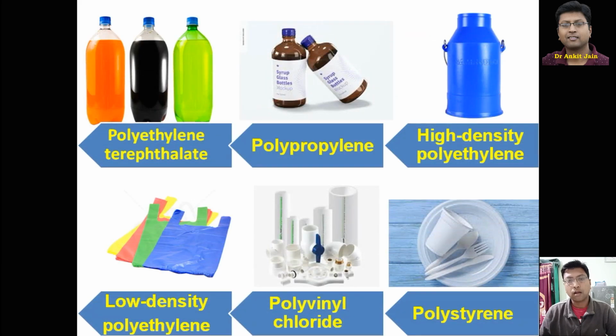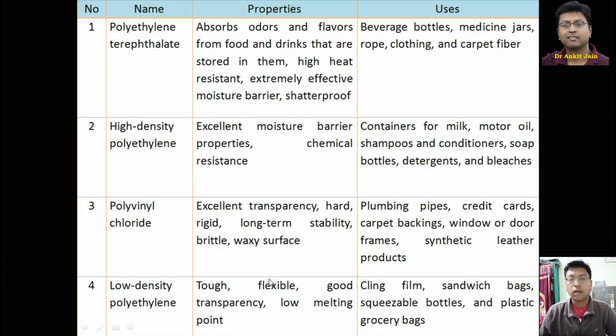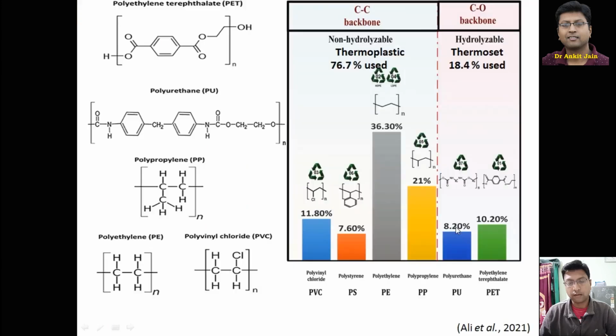Different types of plastic and their uses are polyethylene terephthalate, polypropylene, high density polyethylene, low density polyethylene, polyvinyl chloride, and polystyrene, and according to their different properties, they have different uses.